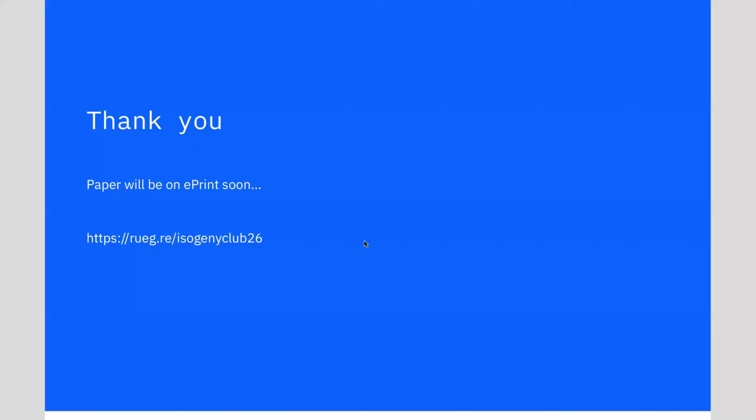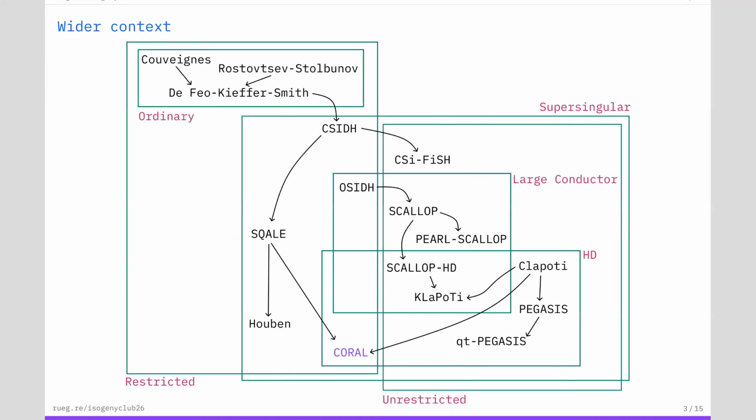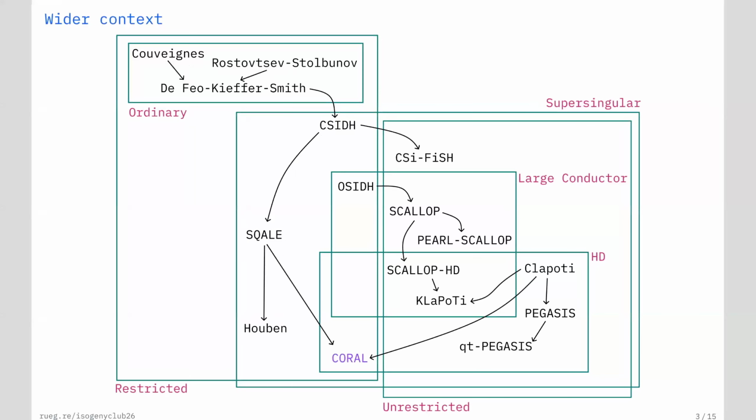I have a question. At the beginning, there was some map with all the Clapoti, for all the protocols, some overview of all the... Yeah, this. Yes, exactly. On this, you put Coral in the ordinary rectangle.